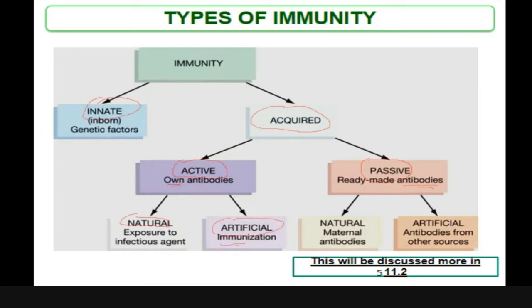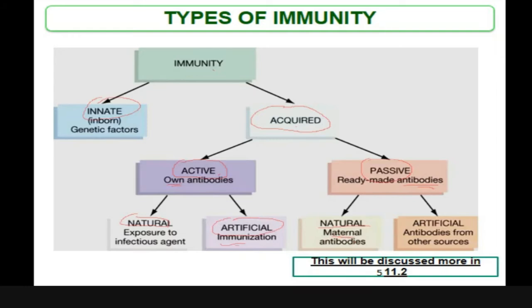Vaksin yang kita ambil yang dia akan trigger badan kita untuk hasilkan antibody untuk melawan sesuatu penyakit tersebut. Itu adalah artificial but then active acquired immunity. For passive, natural passive, maksudnya benda tu kita dapat antibody secara pasif datang daripada orang lain. For example, maternal antibodies.